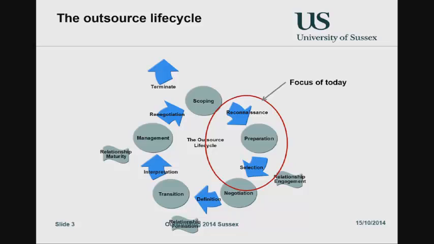So I'm assuming we've got a business case, that we know why we're doing this, and we know therefore what to say to our suppliers in terms of the principal objective of the deal on offer, so you can tailor your bid to it. I'm assuming that stuff is more or less in place.